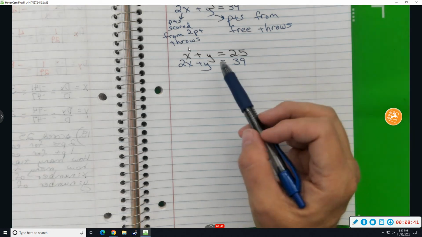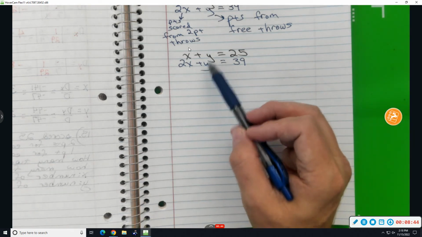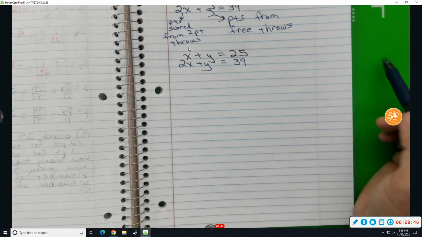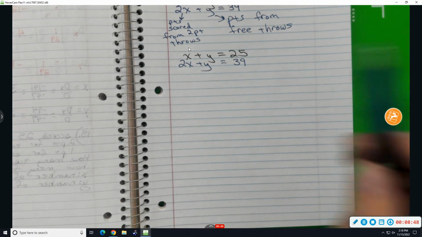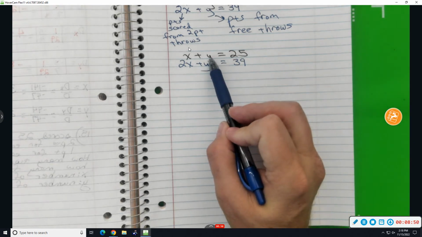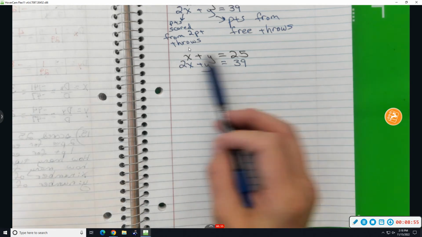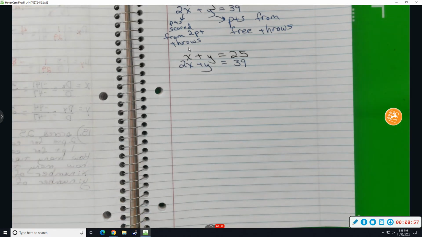I noticed something. The Y variables, what are their coefficients? They're both 1. Both positive 1. I'm going to change this first Y to have a coefficient of negative 1 by multiplying the first equation through by negative 1.